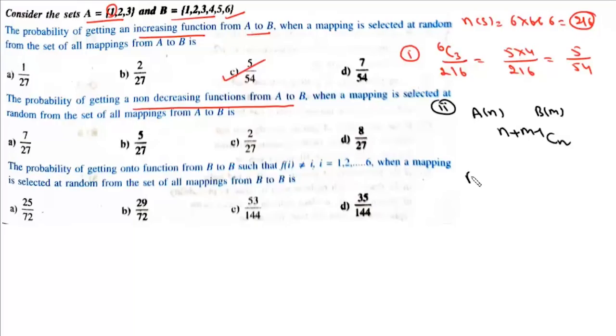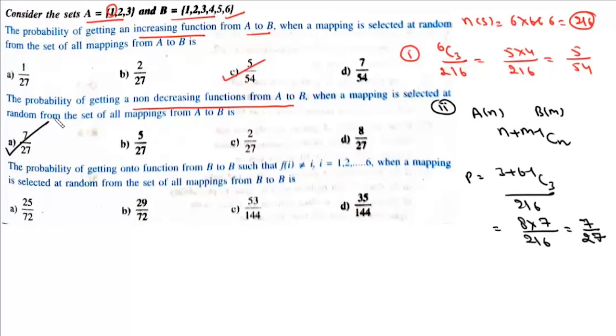So, in this case, this probability will be simply (3 plus 6 minus 1)C3 divided by 216. Now, this is 8C3, which is 8 into 7 divided by 216. Now, this is 7 by 27 and that's your option A.